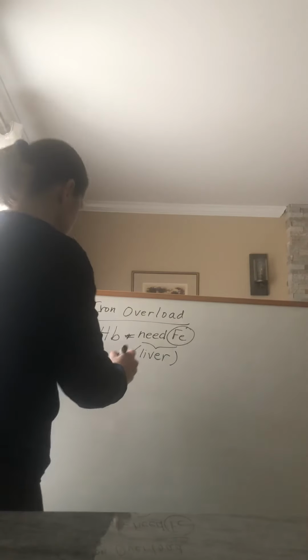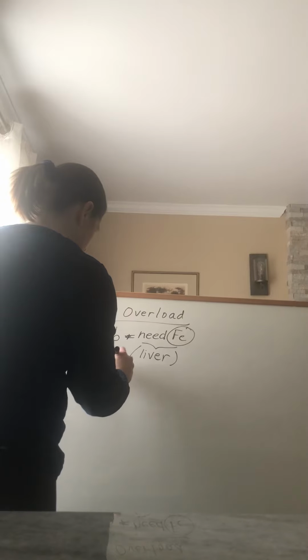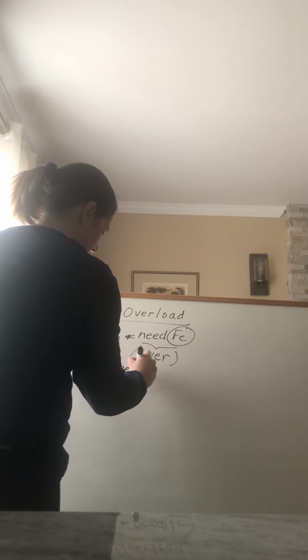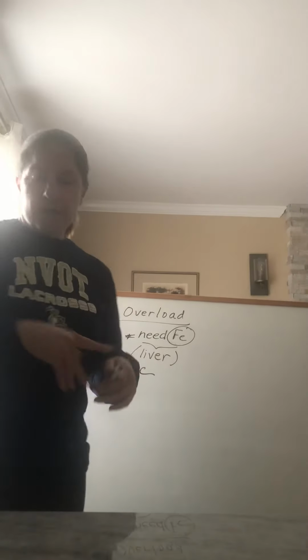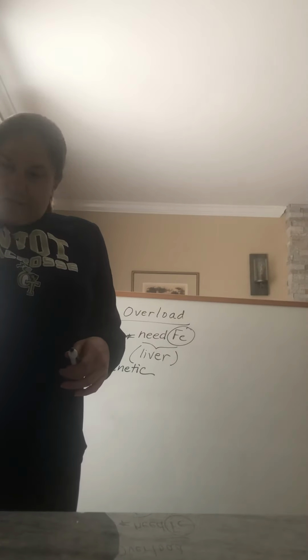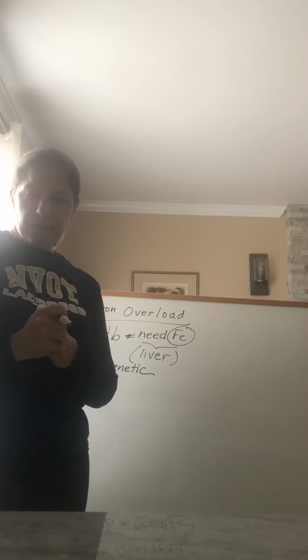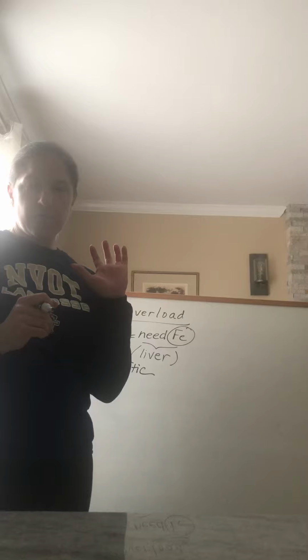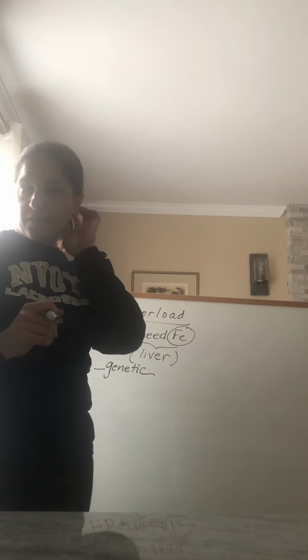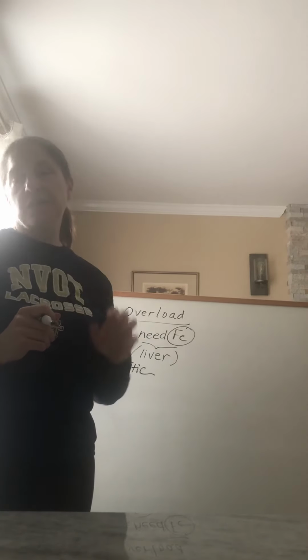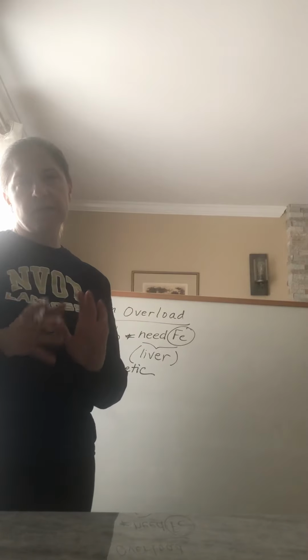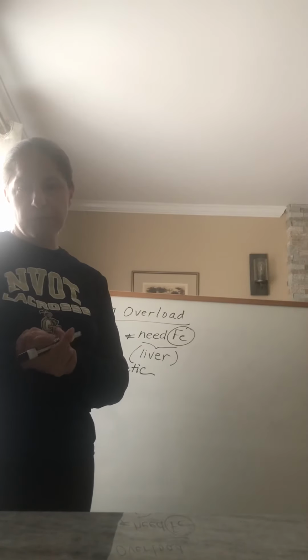In most cases, this is genetic. And so what happens is there's a lack of control over iron absorption by the body, either at the level of a gene that is dysfunctioning for iron transport, or a change in a hormone level that helps regulate how much iron is absorbed by the body.